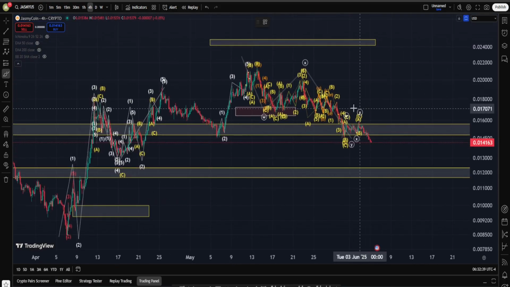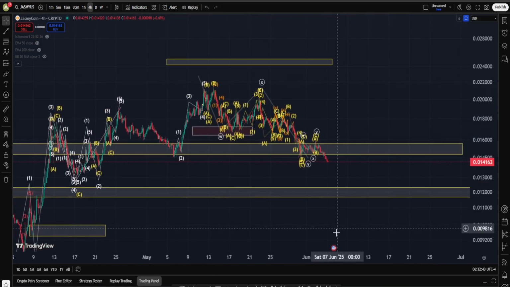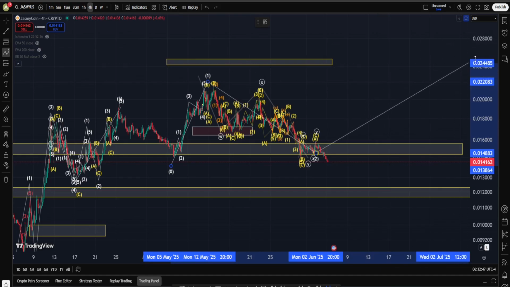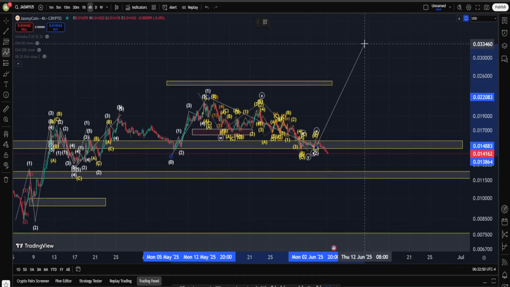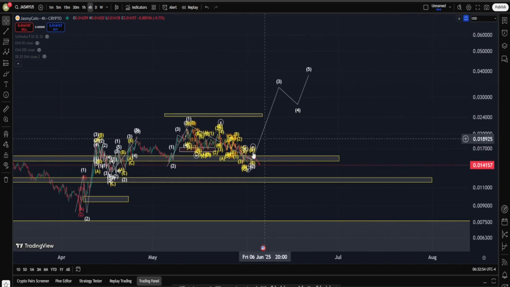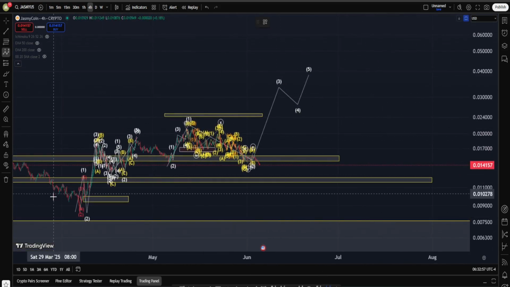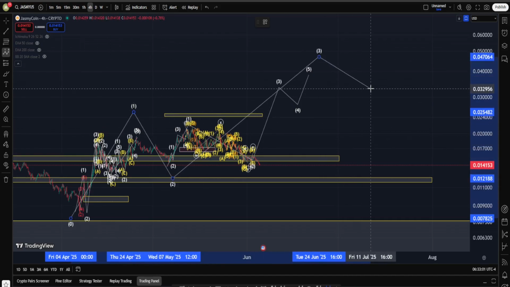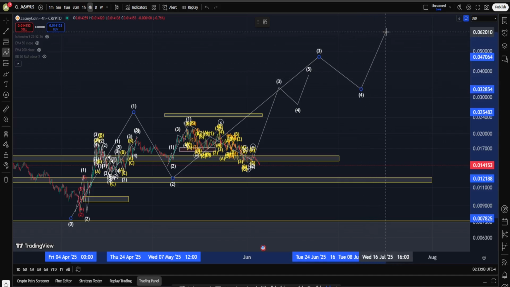You see, when we were around here, the idea was in Jasmy, maybe we are having a series of 1-2s, meaning this can be one correction for wave 2, and we said what's next? Probably a big move up into wave 3, 4, 5, and on a higher degree, this white 5 wave up is going to be hopefully into this wave 3, and followed by that, what are we going to have? Probably correction for 4 and some more upward price action into our wave 5.